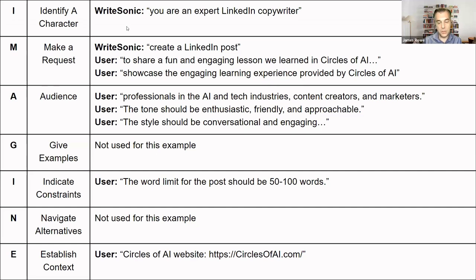Because we had chosen to create a LinkedIn post as part of the tool, they're probably using ChatGPT under the hood through an API call. They're telling the LLM, which is ChatGPT, you are an expert LinkedIn copywriter or something similar. So it's giving it the character that it's assuming.